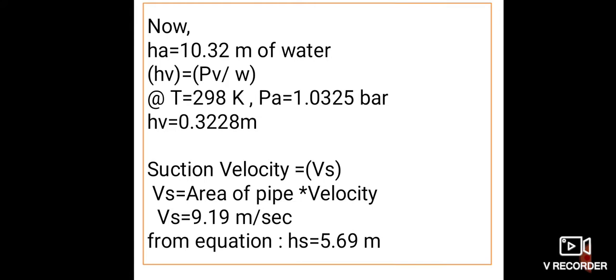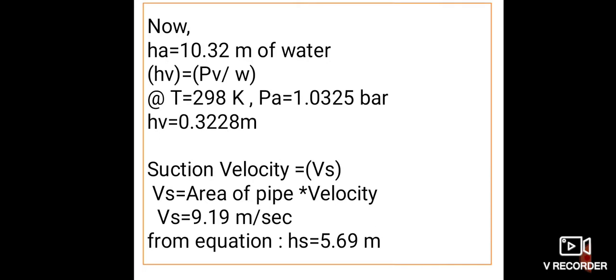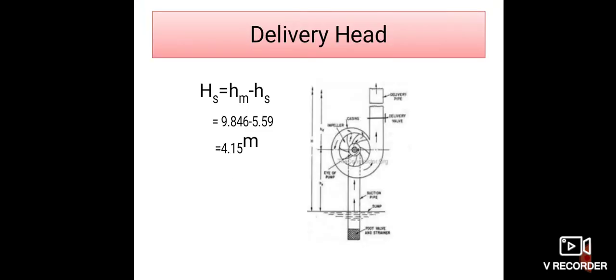The suction velocity, found directly by using the area, is 9.19 meter per second. Putting the values in equation number 1, we get Hs as 5.69.